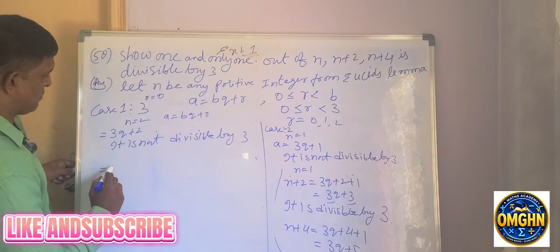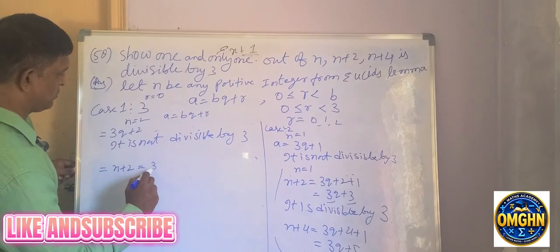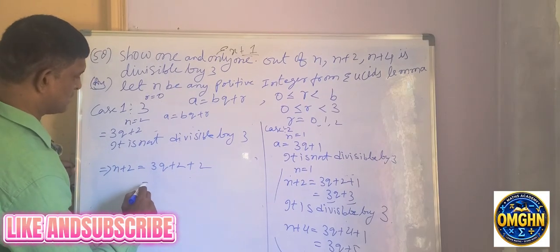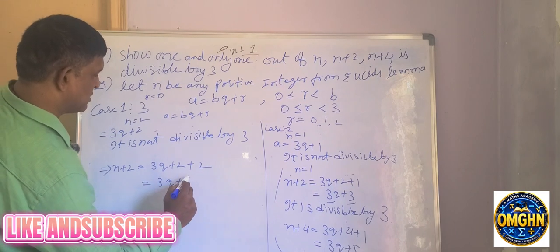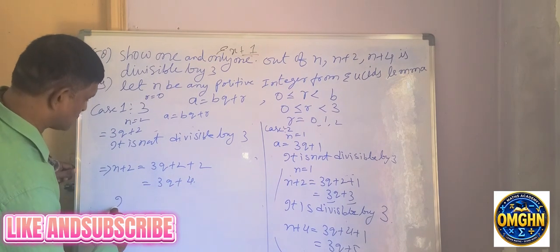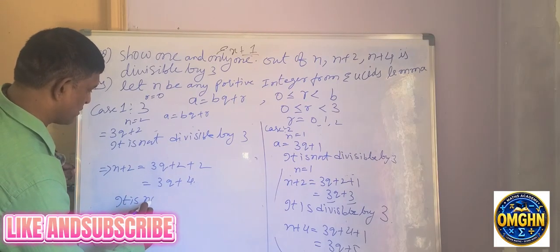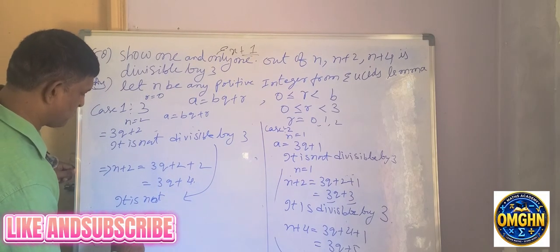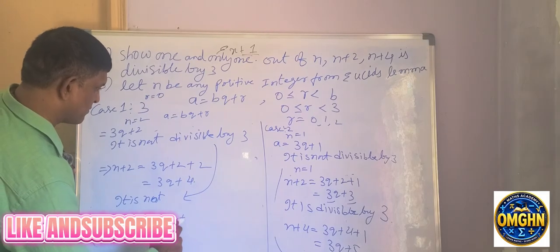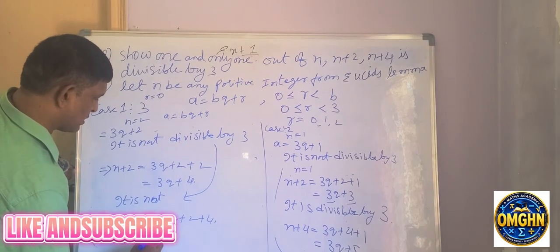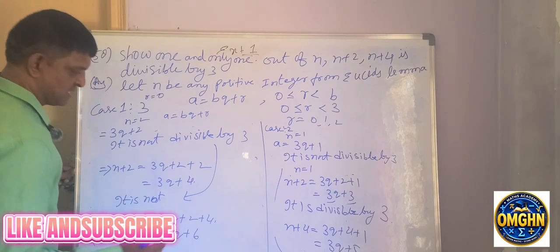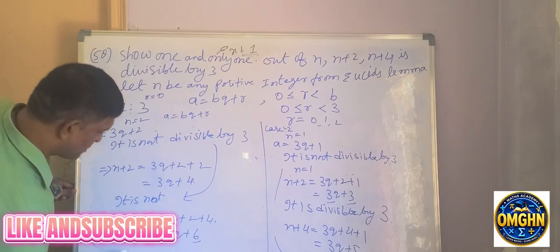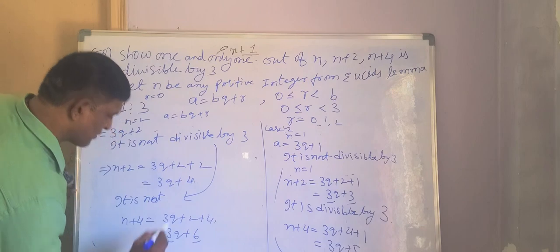Now, n plus 2 equal to 3q plus 2 plus 2. That is equal to 3q plus 4. It is also not divisible by 3. Now n plus 4 condition we are taking. That is equal to 3q plus 6. 3 will divide both of the terms, so it is divisible by 3. Understood, students?